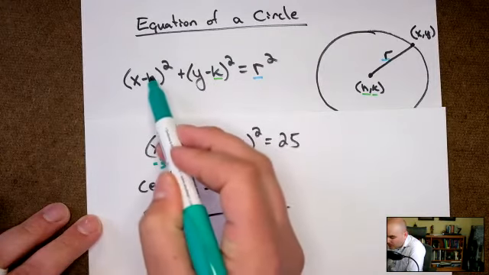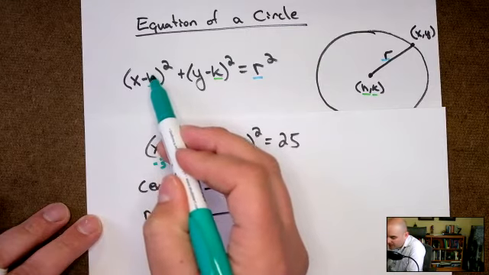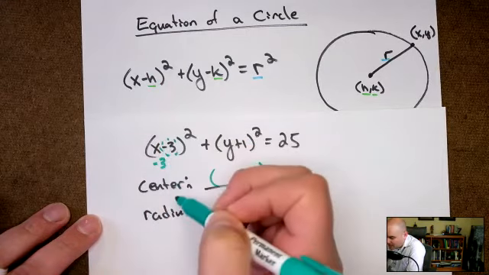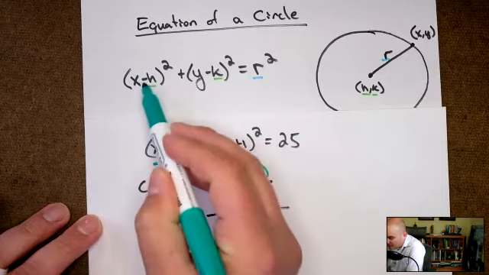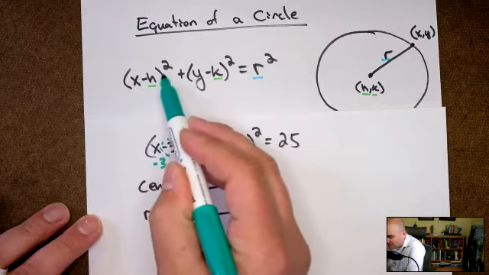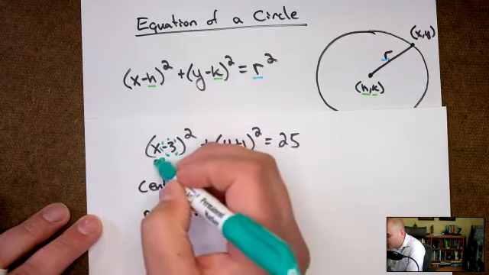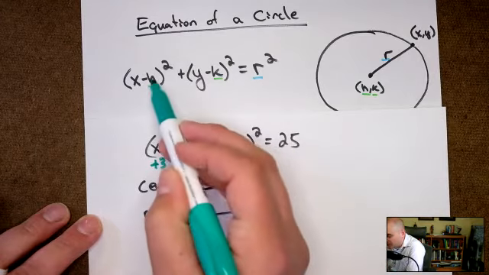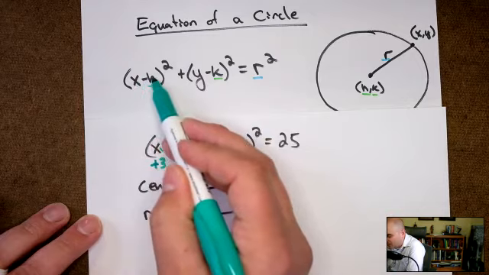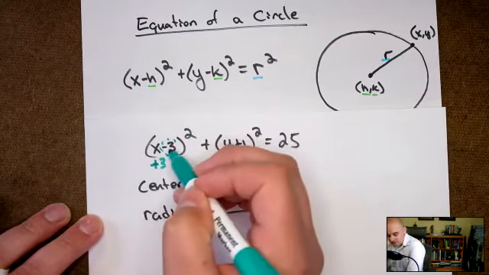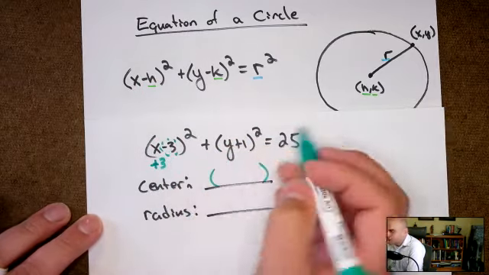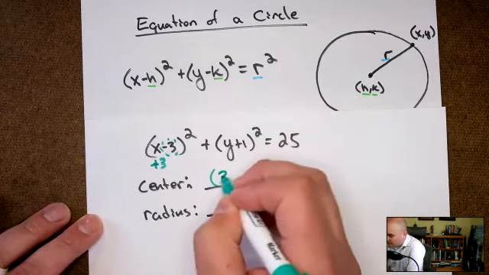But really, what you want to ask yourself is, what do I put in for h to get a -3 right here? If I put in a -3, I end up with x minus a -3, which is x plus 3. So I must have been able to put in a +3. Put a +3 in, you get x minus a +3, which is x minus 3. So this is going to be a +3.